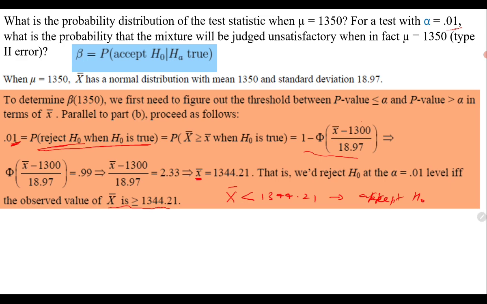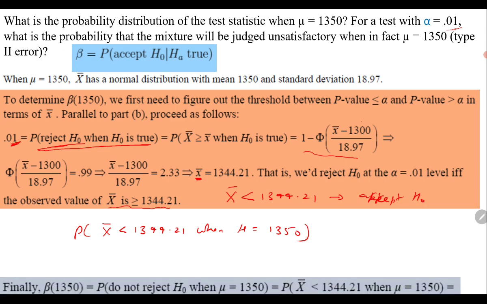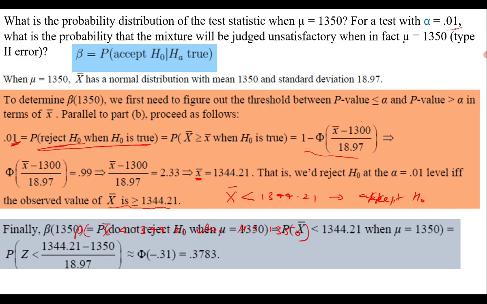Okay, and now the probability can easily be computed. You need to compute x bar less than 1344.21 when mu is equal to 1350. So x bar minus mu by sigma, you need to compute that probability, and that gives you the required answer.